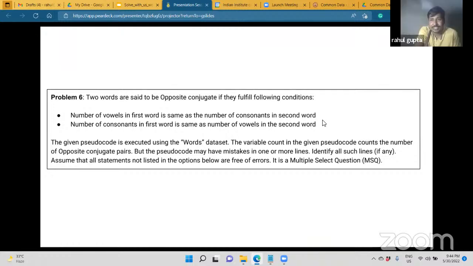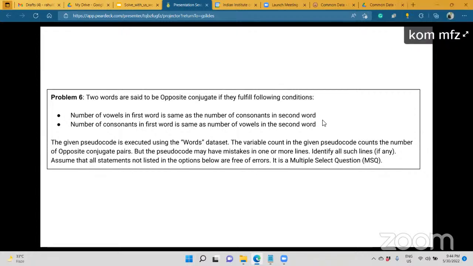No. That's what I'm trying to see, if you are getting the question or not first. The number of vowels in one word is the same as the number of consonants in the other word. That is the question only. And vice versa. If there are two vowels in the first word, then there should be two consonants in the second word, right? Dad and dad.